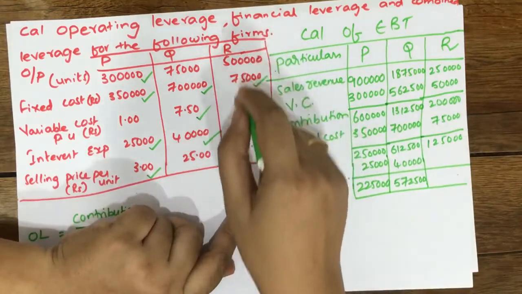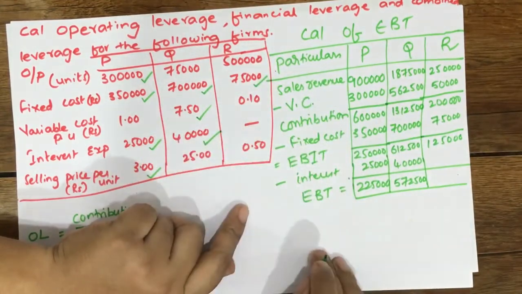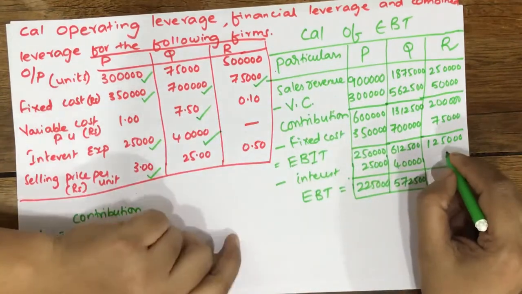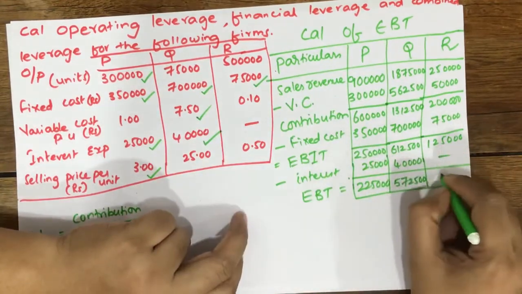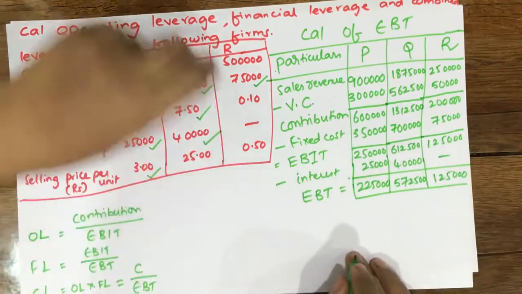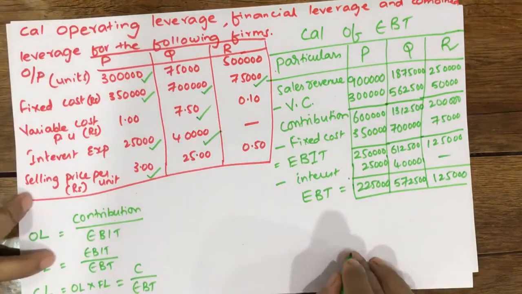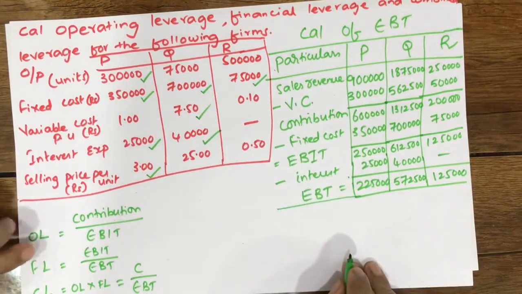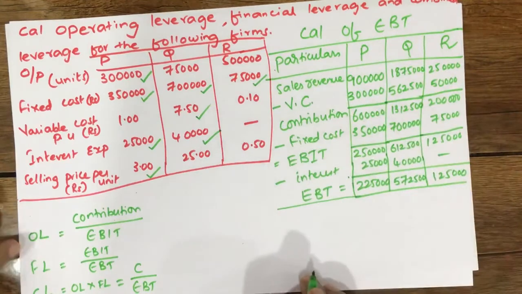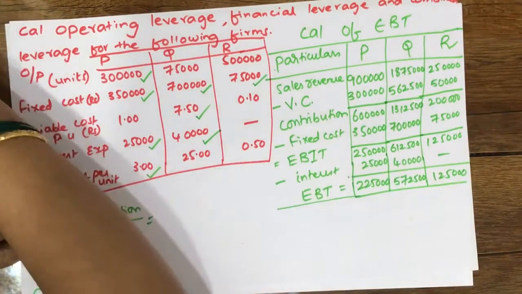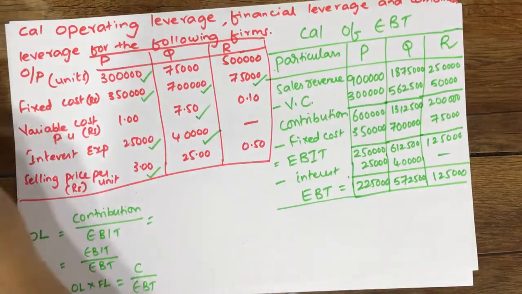In this case, I think there is no debt for firm R, that's why interest is given as nil. Thereby EBT is 1,25,000 rupees. Once the required information is ready, you just substitute the values.